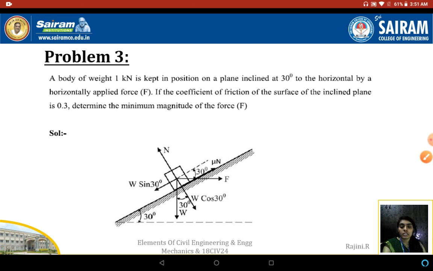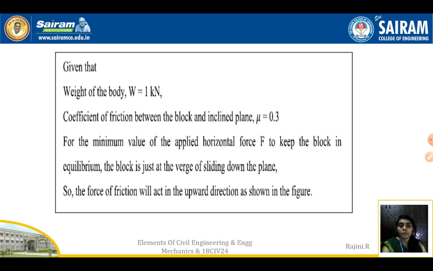Now we will see the problem. Given that the weight of the body W is equal to 1 kilonewton. Next, the coefficient of friction between the block and the inclined plane is mu equal to 0.3. It is already given in the question.